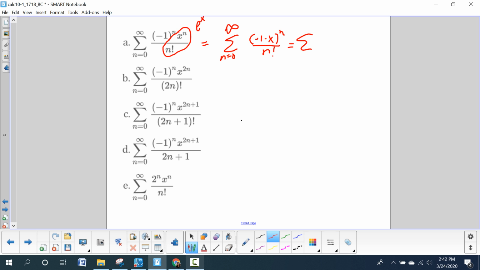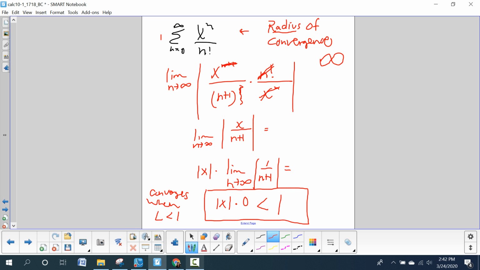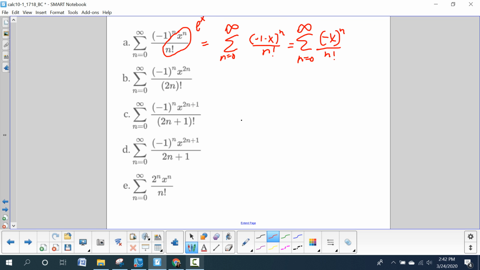And so that's the same thing as negative x to the n over n factorial. So all they did was take the e to the x power series, which we just learned on the previous page. The e to the x power series is this black series right here. This is always going to be e to the x, x to the n over n factorial. They just took it and replaced the x with negative x. So this bad boy is just e to the negative x. That's what this thing is.